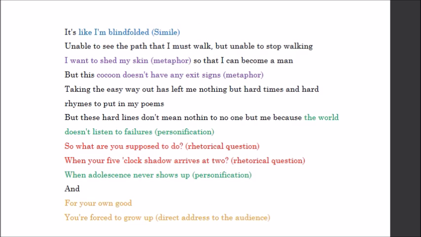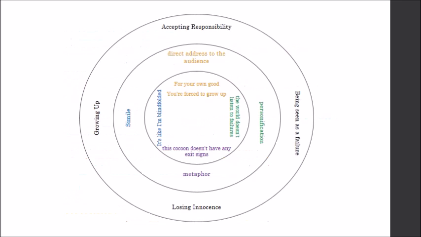Once I've done that, the next section was pretty easy. I just had to then grab my examples of those things. So if I wanted an example of a simile, well, I just had to take that section up the top. It's like I'm blindfolded. So that's already highlighted. And all I've really done is moved everything into the middle section. It looks a little bit messy, but what I've really done here is I've created the possibility of 4 different paragraphs.